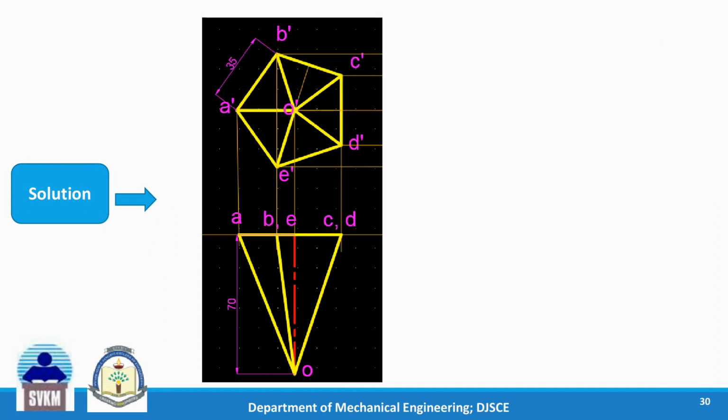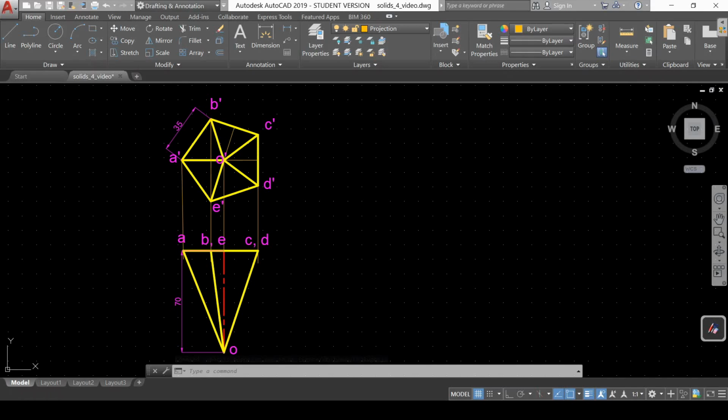So first step, and we'll do this in AutoCAD. So the first step is ready. Draw the XY line here.